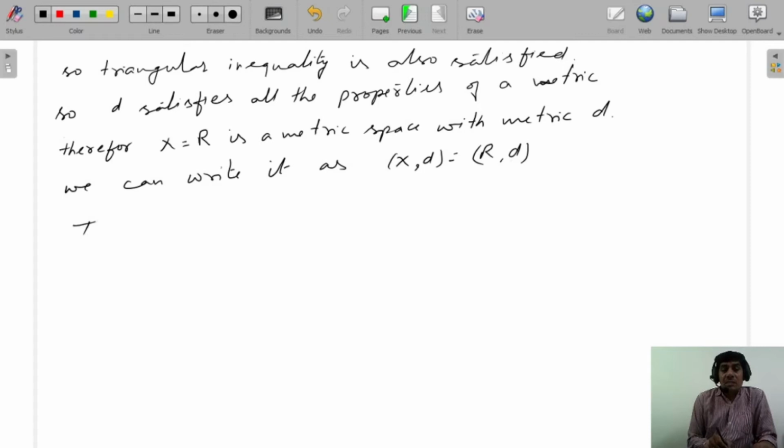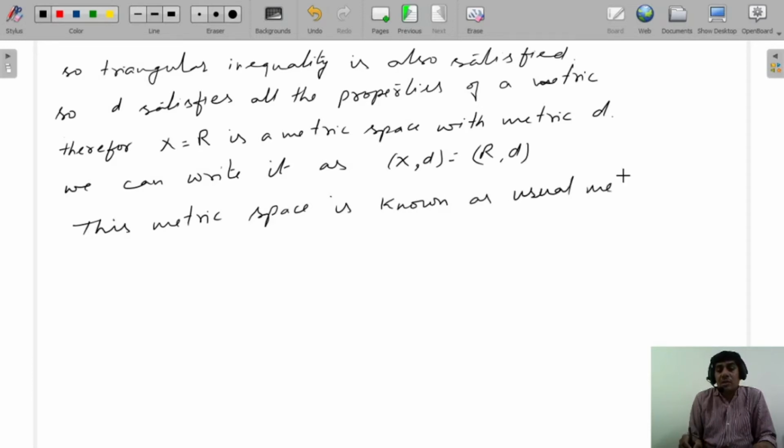This metric space is known as the usual metric space.